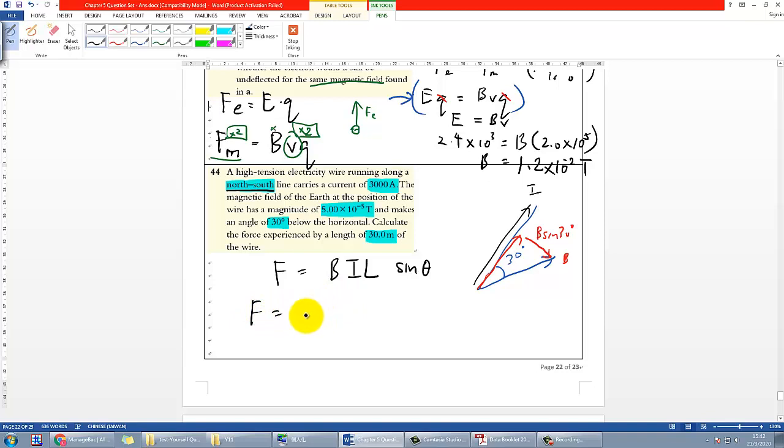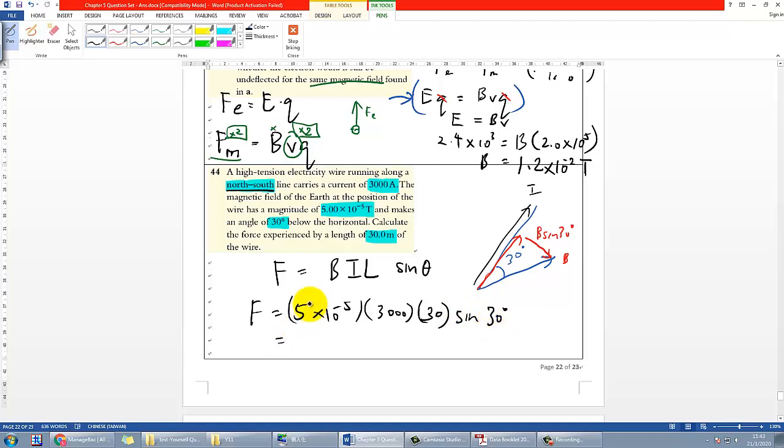Force equals to simply multiplying all of them together. I is 3000, L is 30. Sorry, I'm lazy to write the zeros, but in an exam you should write them down and then just multiply.